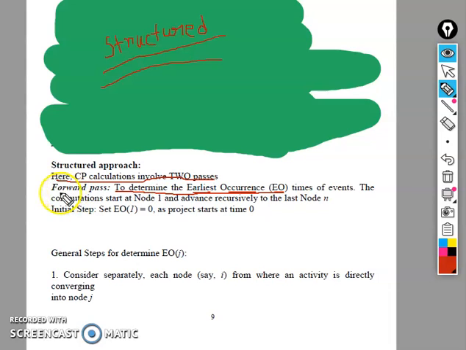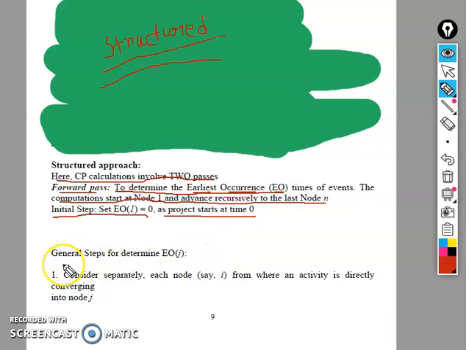It is called the forward pass method, and the computation starts from node 1 and advances recursively to the last node n. Initially we set EO1 equal to 0, as the start time of the project is 0, because when you start a project its time becomes 0.